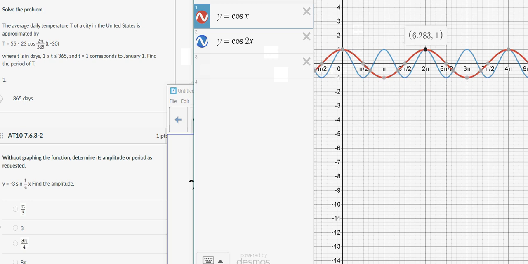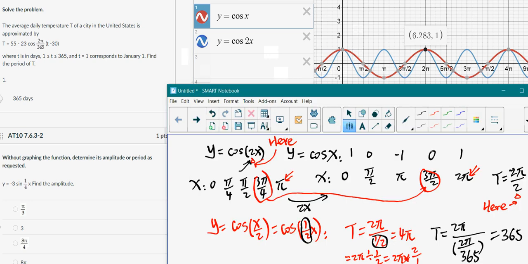That's why, with 2x, it reaches 2 pi faster, which makes the period smaller.